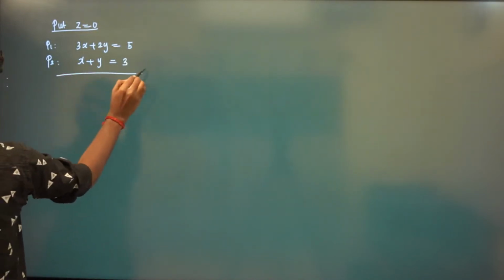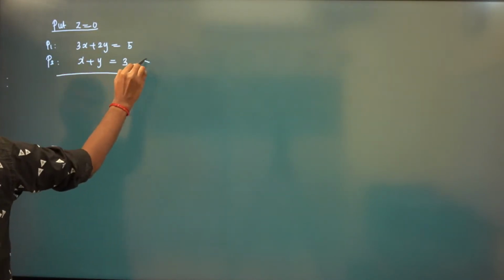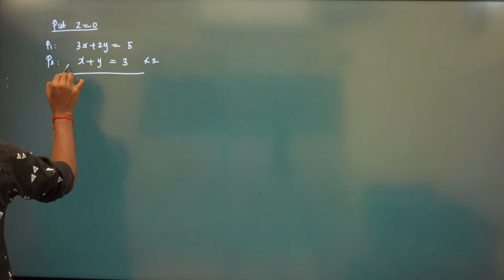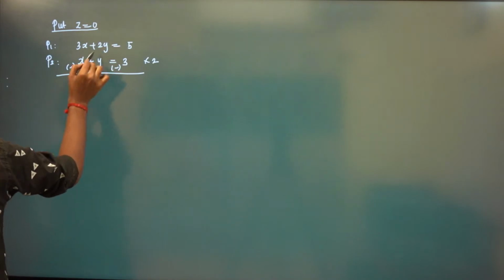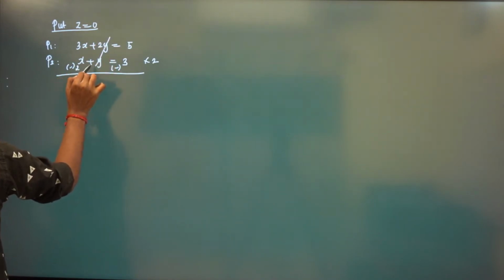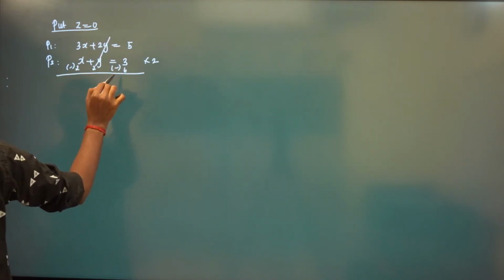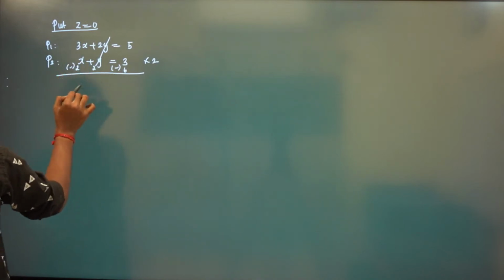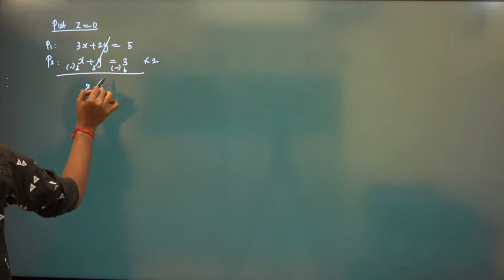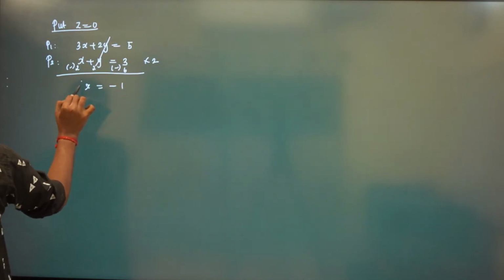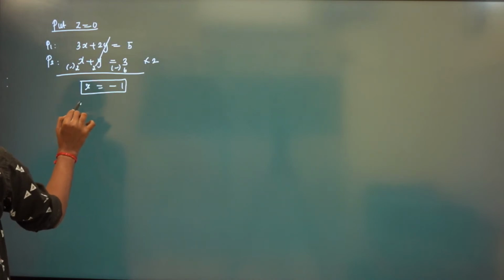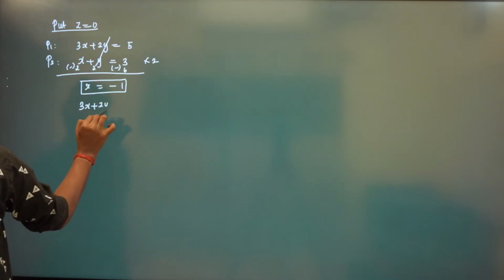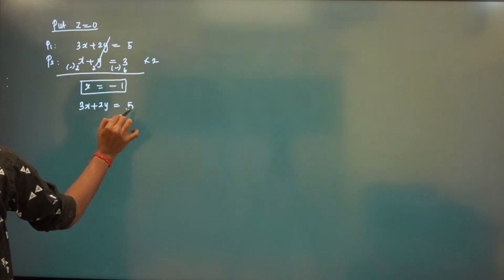Now solve this. Let us multiply by 2 here, so that you will have 2y, and this will get cancelled. This will be 2x is 6, right? So you will have 3x minus 2x is x, 5 minus 6 is minus 1. So x is minus 1. So if x is minus 1, we have 3x plus 2y is equal to 5.